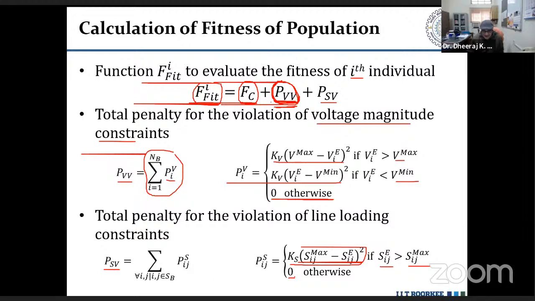So if this line loading constraint is satisfied for all the lines, this value will be 0. So if both voltage magnitude and line loading constraints are satisfied for all the buses and lines, these values will be 0. So fitness value is same as the value of your objective function. Otherwise, the fitness will be disturbed by adding some constants, these values.